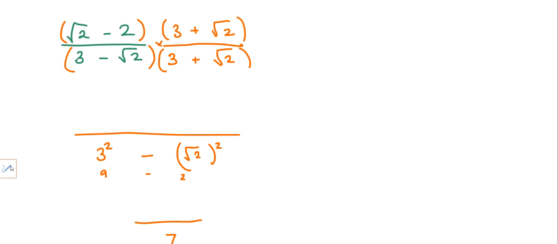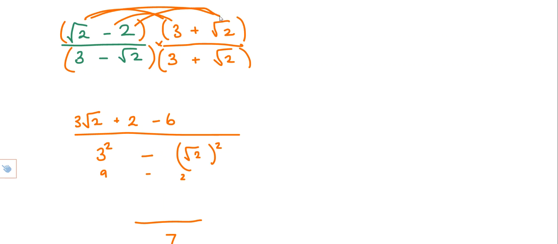Go back up, do the top, FOIL it. So I've got 3 times root 2. Root 2 times root 2 is 2, plus 2. Minus 2 times 3 is minus 6.